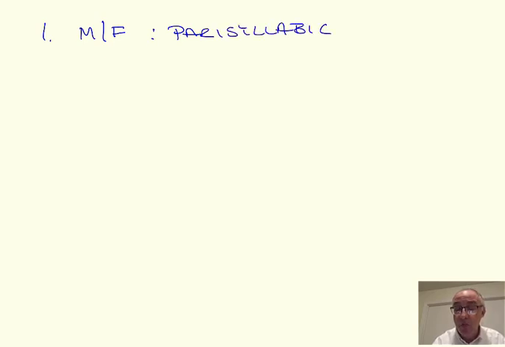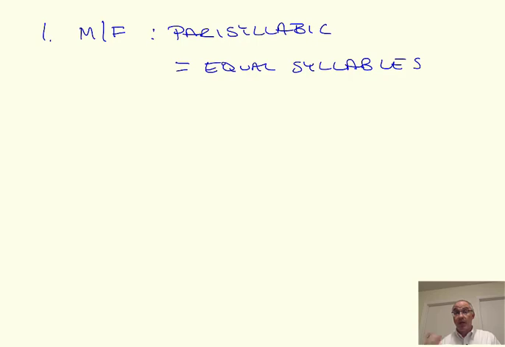Number 1, with masculine and feminine, there's a rule called parasyllabic, meaning equal number of syllables in the nominative and the genitive.